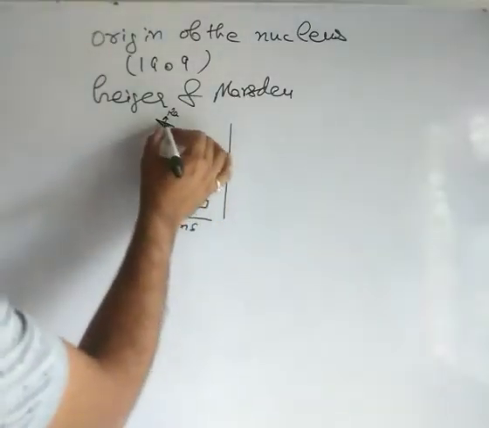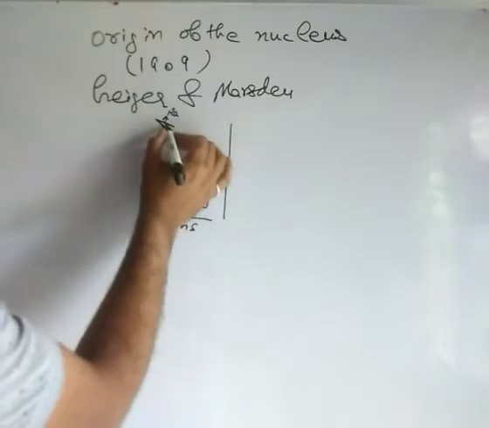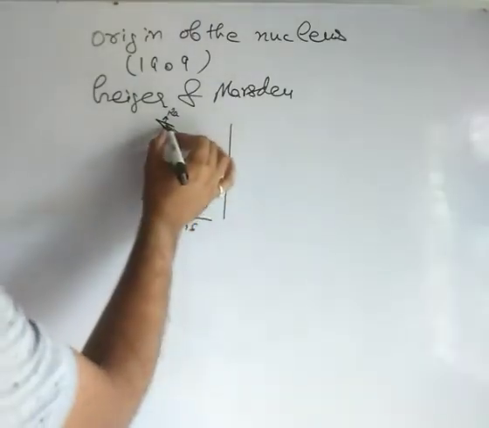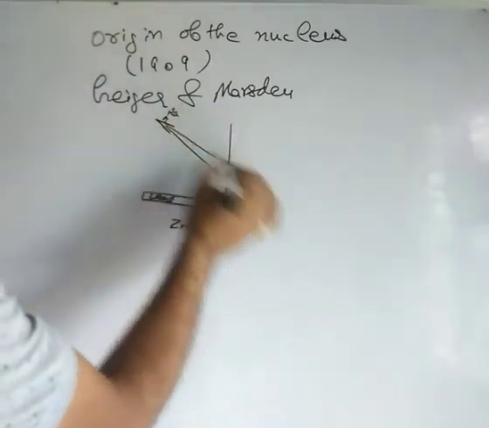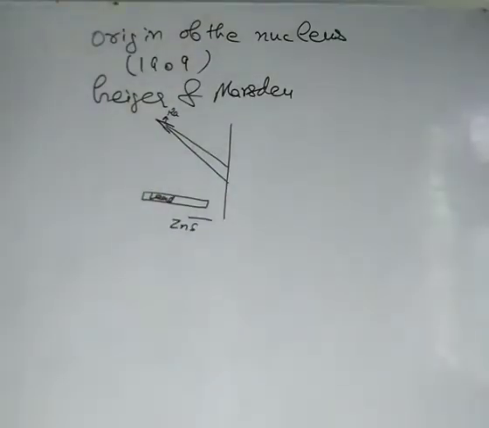So you have alpha particles from this radioactive source incident on this metal foil.